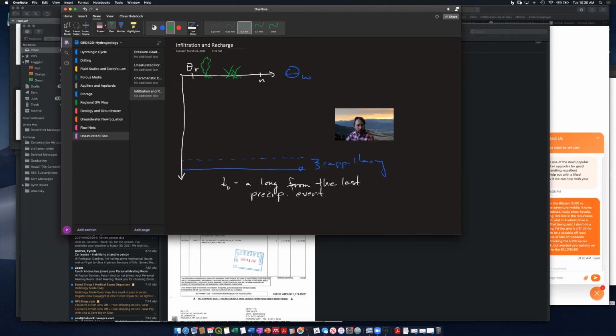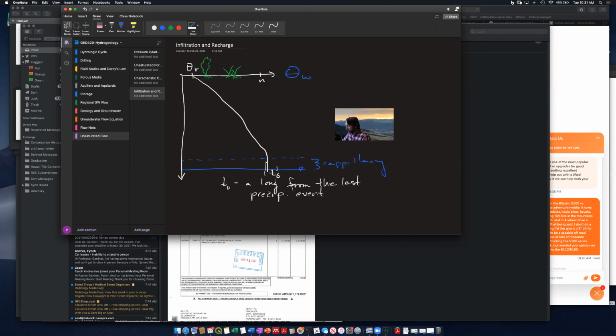So at T0, our profile of volumetric water content might start out here pretty close to the residual water content, increase gradually as we get close to the water table, and then hit the fully saturated conditions here at the capillary fringe and below. All right. So this is T0.